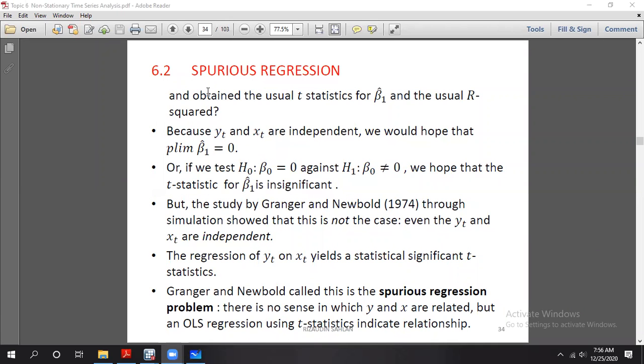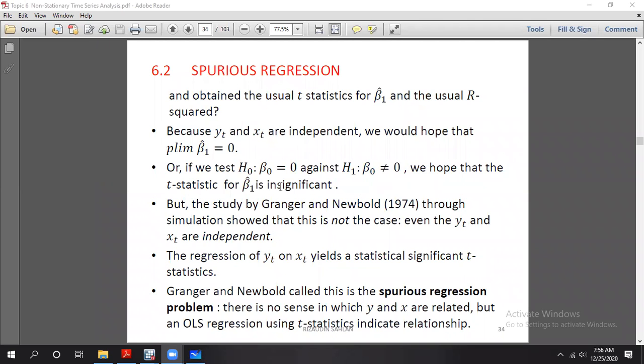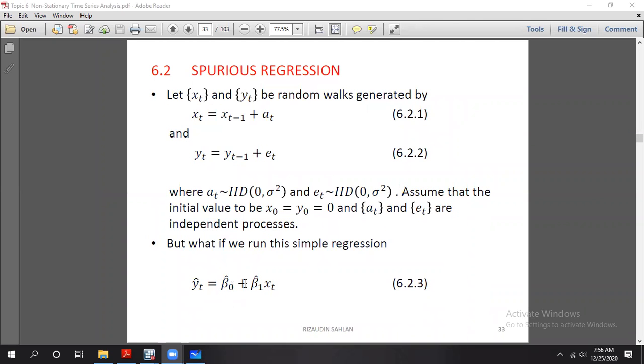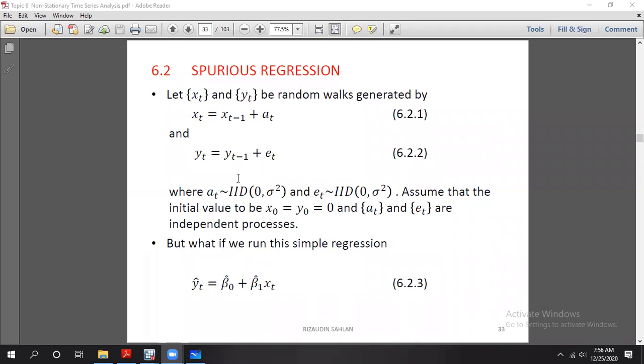And we look at the t statistic, maybe other statistics, and the value of the coefficient we get from this regression. Because we generate x_t and y_t independently, we expect the t statistic for beta 1 to be insignificant.